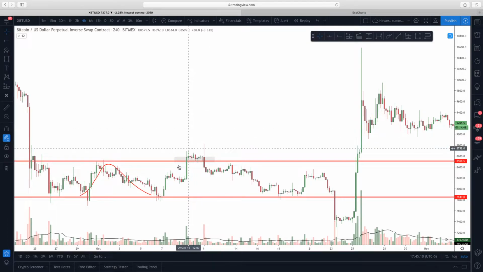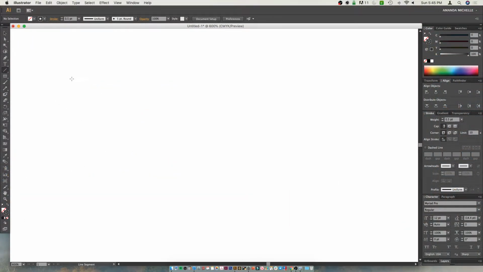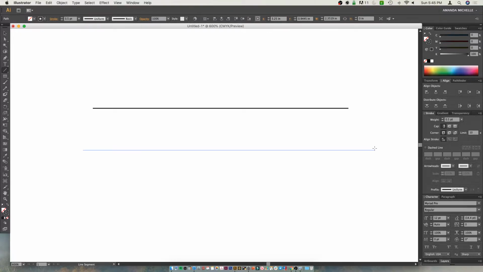A lot of the times when price breaks above an area like this, if I'm short from here but price comes back above here, I'm currently underwater.